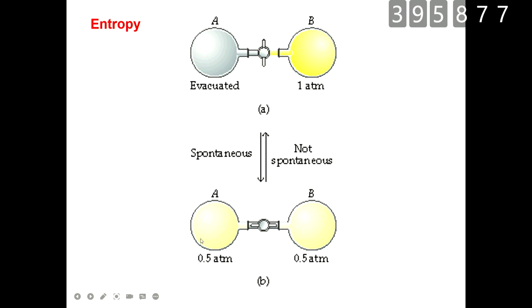Will all the gas go back to here? No, right? It is impossible. So going from this state to this state is possible, but all of A coming back to B is not stable. So this process is not spontaneous.